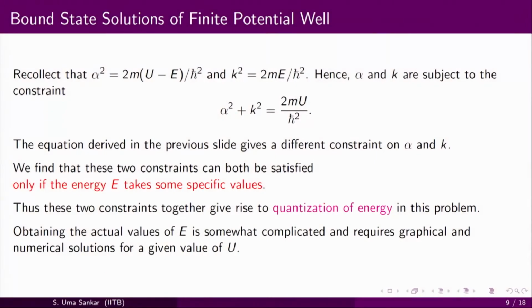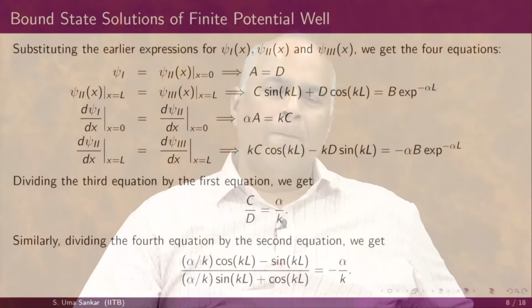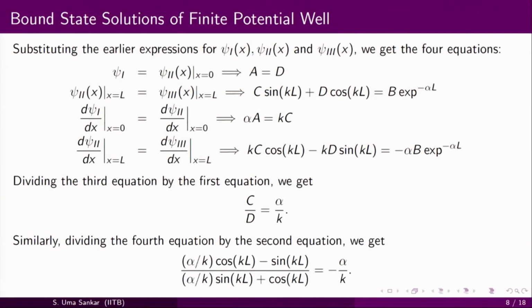Another way to look at it is to think of alpha and k as two variables, and alpha square plus k square is equal to 2mU by h cross square. Strictly speaking, it defines a circle, but we limit ourselves to positive values of alpha and positive values of k. So, it defines a quarter of a circle in the first quadrant. And this other equation, a much more complicated equation, defines another curve.